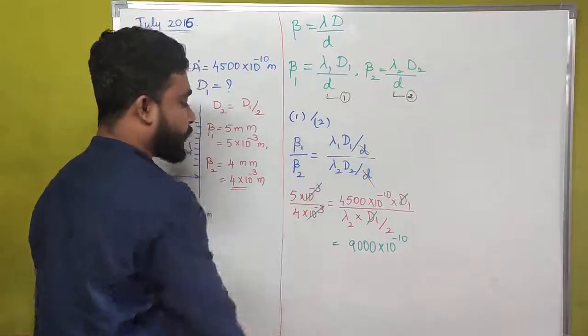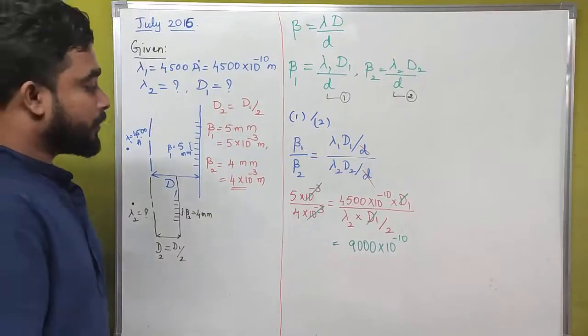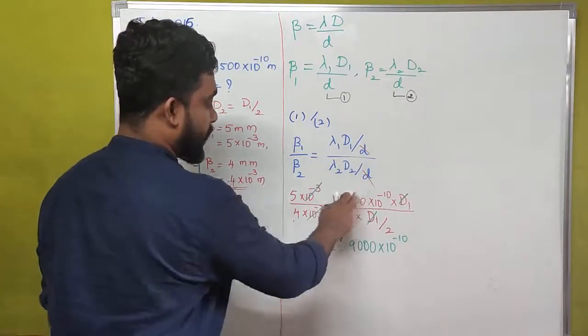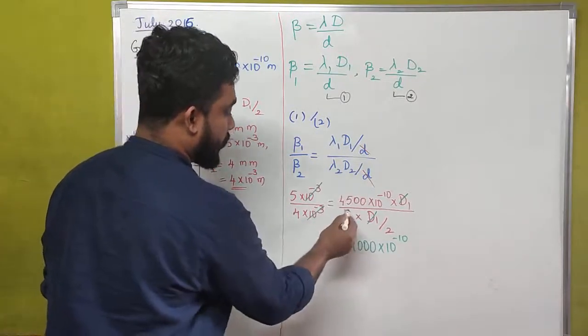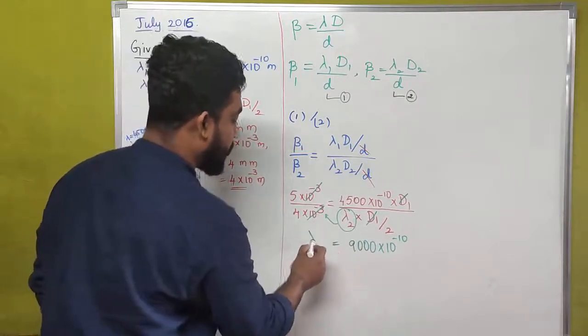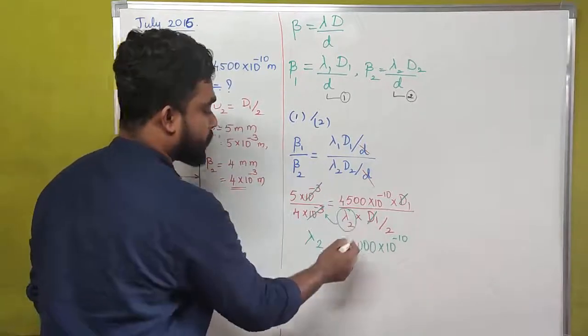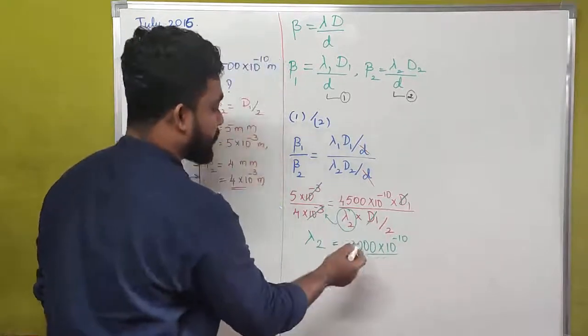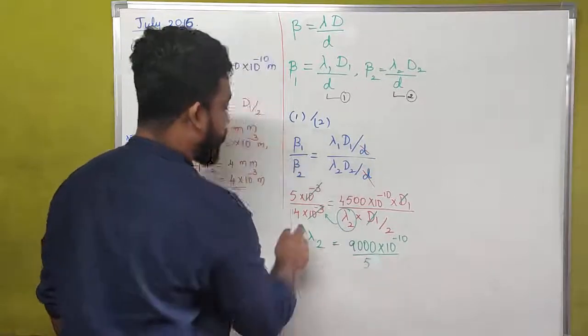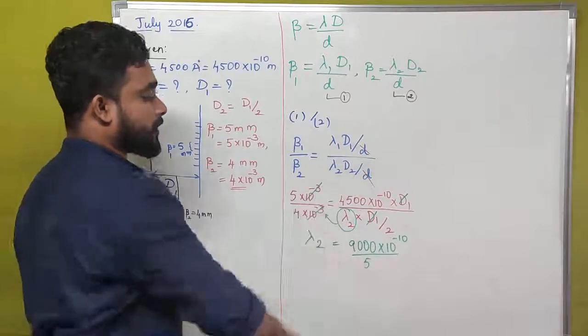Here what we have is 5 divided by 4. If we send this to the other side of the equation and lambda 2 to the other side of the equation, what will we get? Lambda 2 is equal to, this 5 shifts to the denominator of the other side of the equation, and this 4 shifts to the numerator of the other side of the equation.